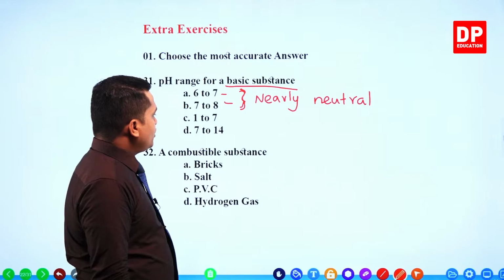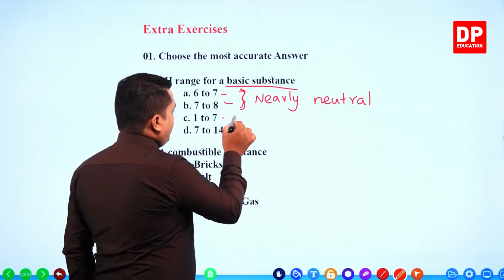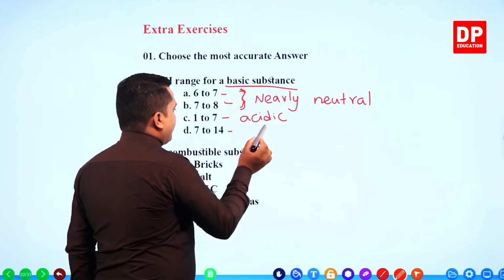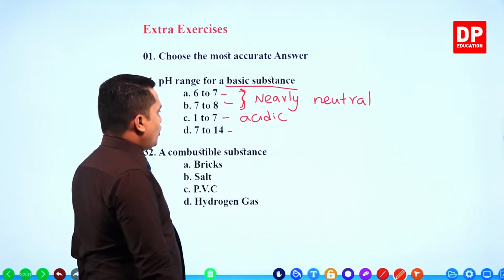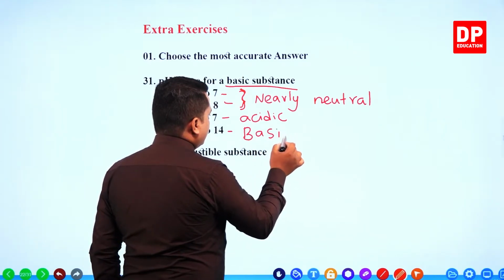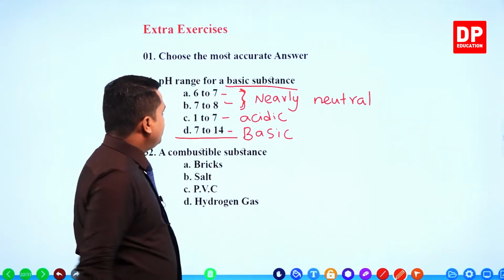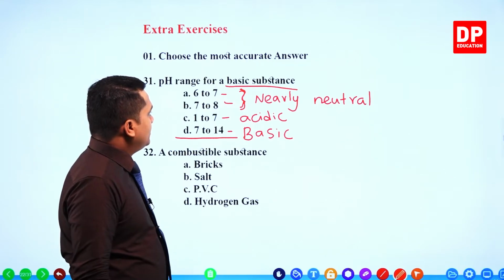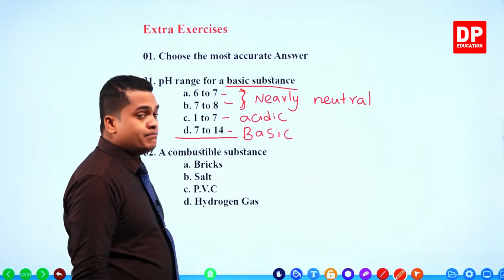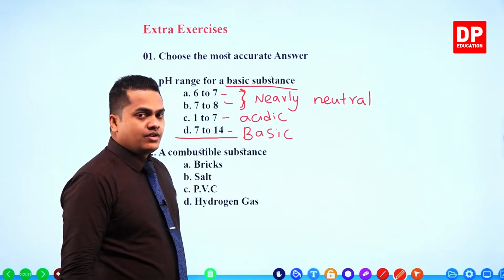Then the next one, 1 to 7. 1 to 7 is terribly acidic. Then the final one, 7 to 14. Yes, this is the basic range in pH value for a basic substance, right?